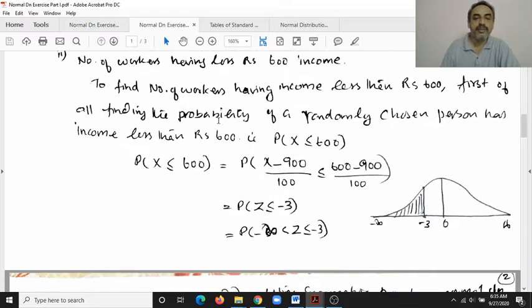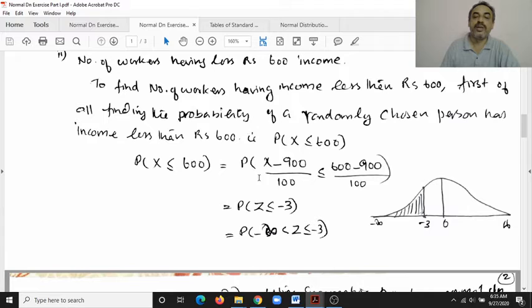Now, the next is the number of workers having income less than rupees 600. So this is actually to find the number of workers out of 3000 workers having income less than 600 rupees. But before finding this number, we have to find the probability that a particular worker's income will be less than 600 rupees.